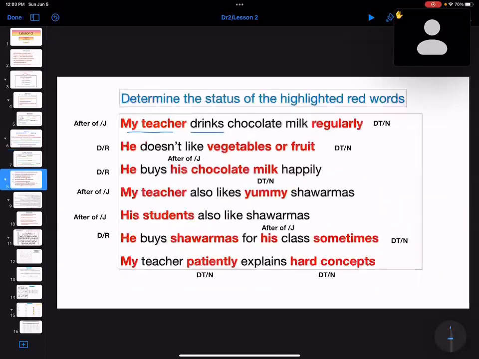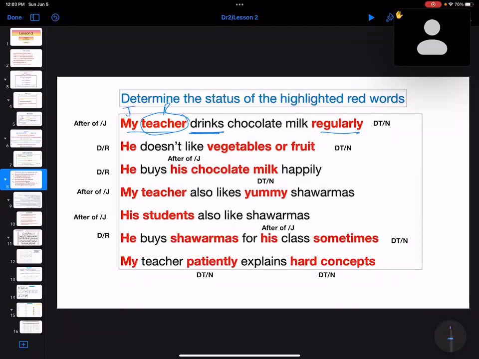Okay, now in this example, my teacher drinks chocolate milk regularly. Drink is the action. Who did that? The teacher did it, right? So teacher is rafa. And this teacher belongs to me, so me would be the jar over here.